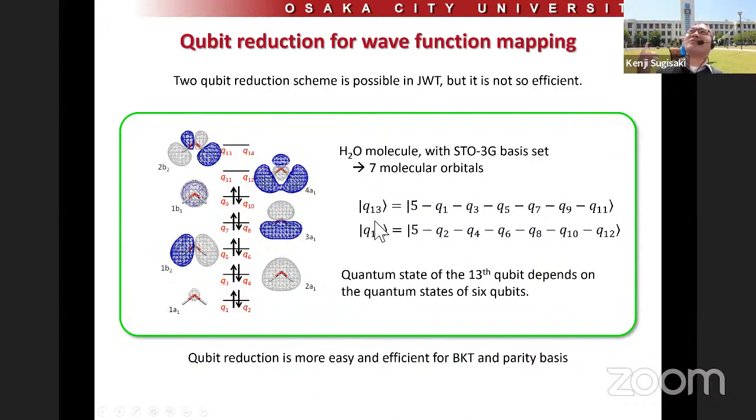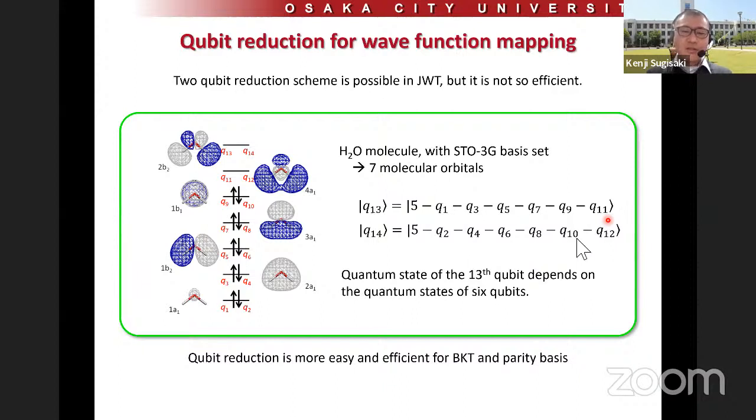Let's think about the number operators. In this case, the number operator acting on Q13 can be rewritten by using the number operators of Q1, Q3, Q5, Q7, Q9, and Q11.